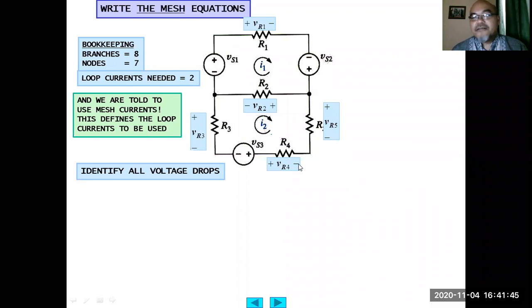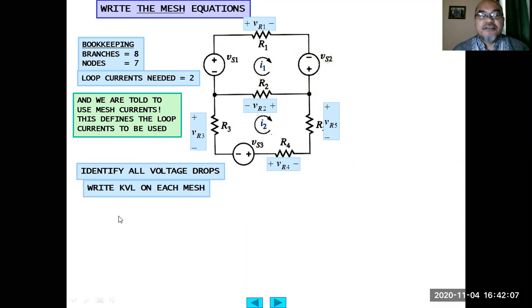Here we may assign differently, so for example here we assign negative. The current flows into the negative terminal of R4, going out from the positive terminal of R4. Similarly with R3. It doesn't matter actually, but later when we find it negative, then we know the current should flow in a different direction.